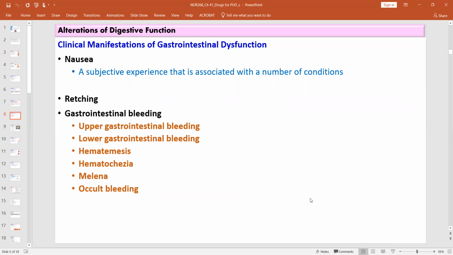Retching is non-productive vomiting, and then there is GI bleeding. We have upper gastrointestinal bleeding, like the esophagus, the stomach, the duodenum. The lower is bleeding from the jejunum, ileum, colon, rectum.